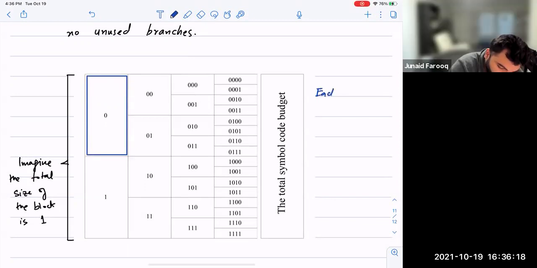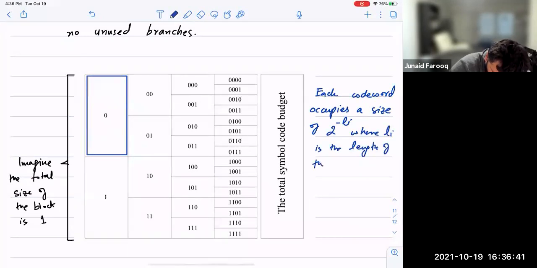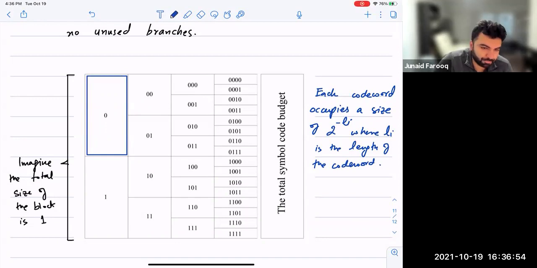Each code word occupies a size of 2 to the power minus Li, where Li is the length of the code word. When you say size, you're referring purely to the vertical aspect of this box, right? Yeah, the vertical size of this box here.